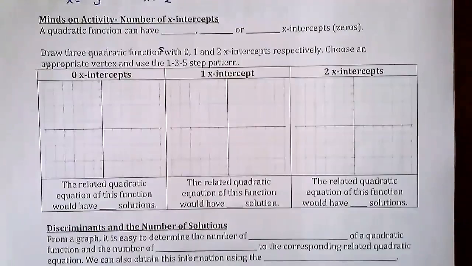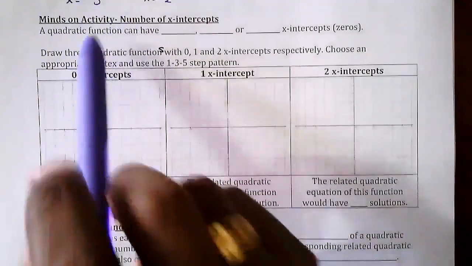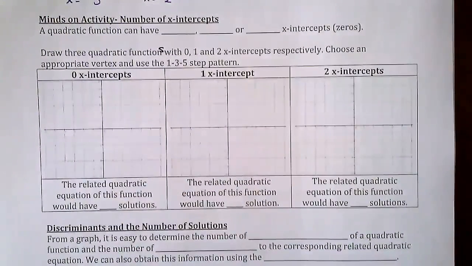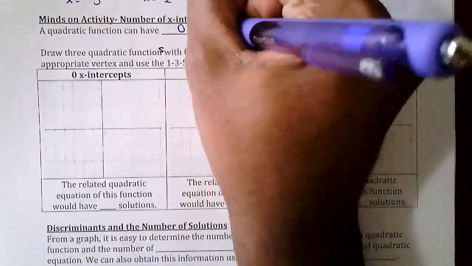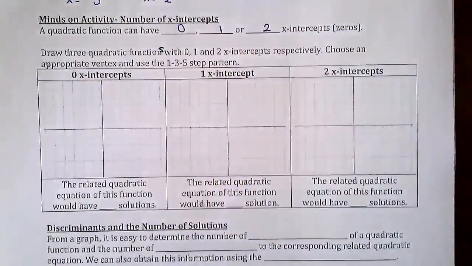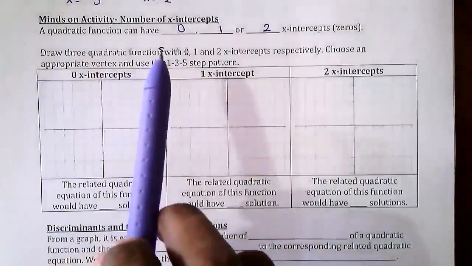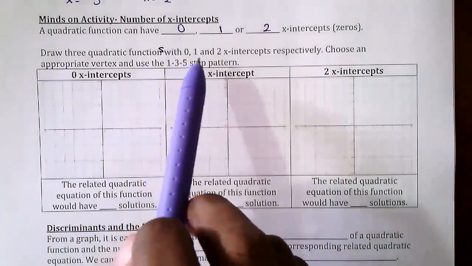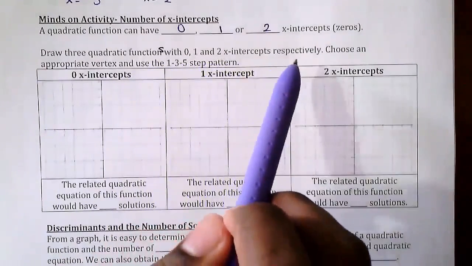I know the grid doesn't look so nice on this camera, but again, you should be able to read it on your own page. So, minds on activity. A quadratic function can have 0, 1, or 2 x-intercepts or zeros. What I want you to do is draw 3 quadratic functions with 0, 1, and 2 x-intercepts respectively.